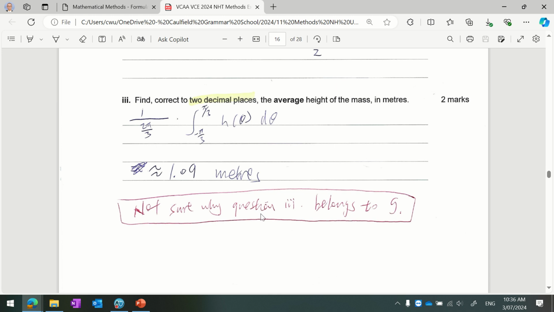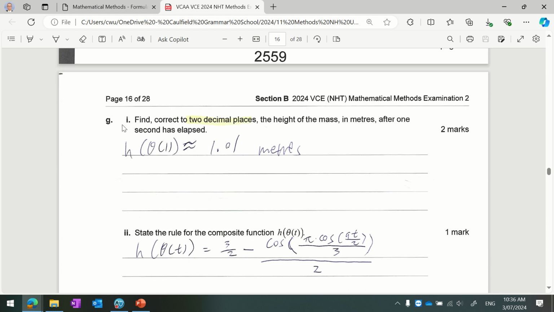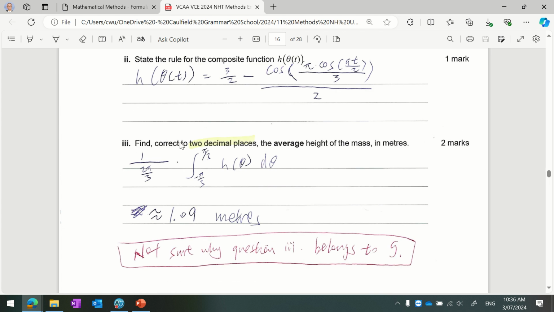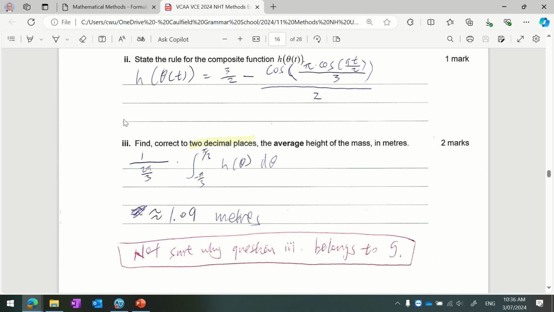What I'm not sure about is why this question belongs to G, because questions G1 and G2 are to do with the composite function idea. So you need to use composite function in both G1 and G2. Whereas in G3, I do not believe we need to use composite function because it's just not necessary, unless, of course, I'm wrong.